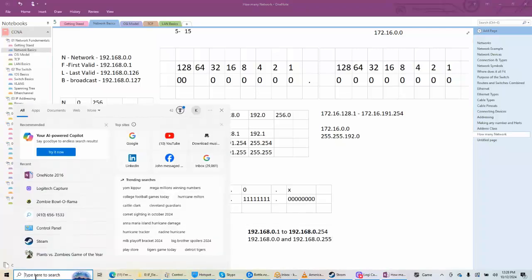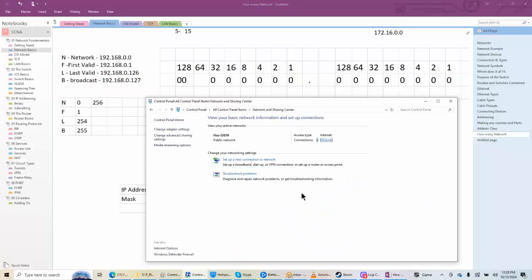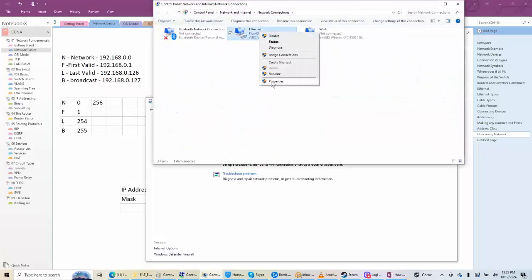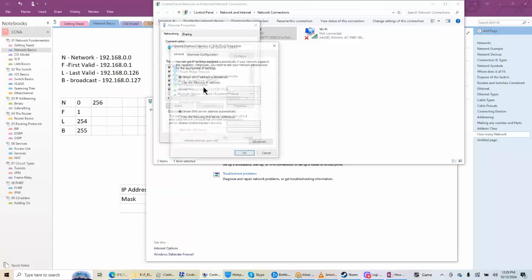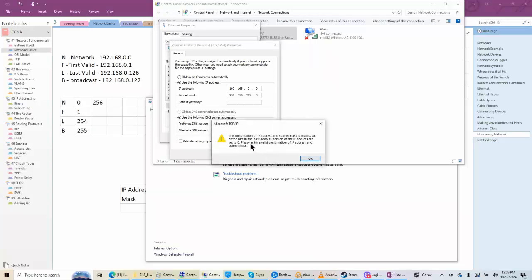So let's go into here. The combination of IP address and subnet mask is invalid.